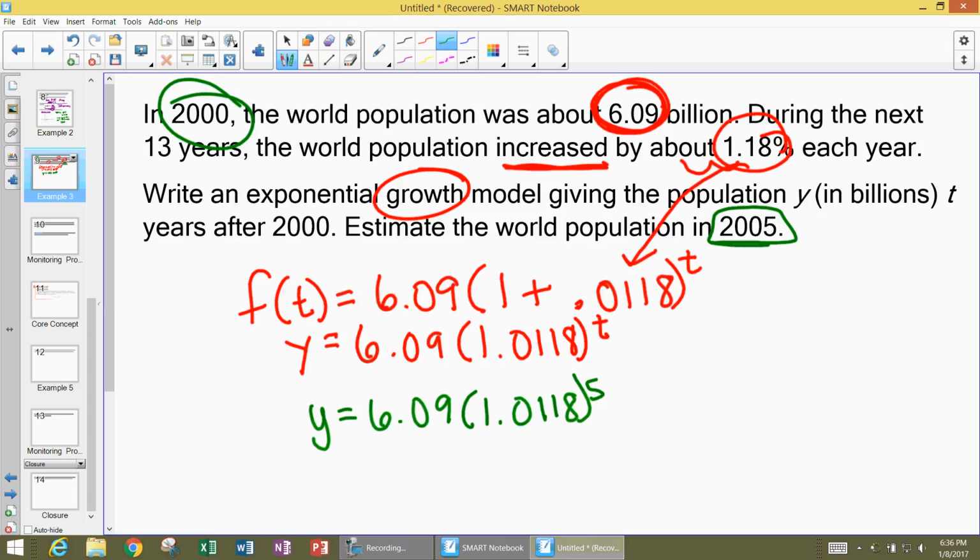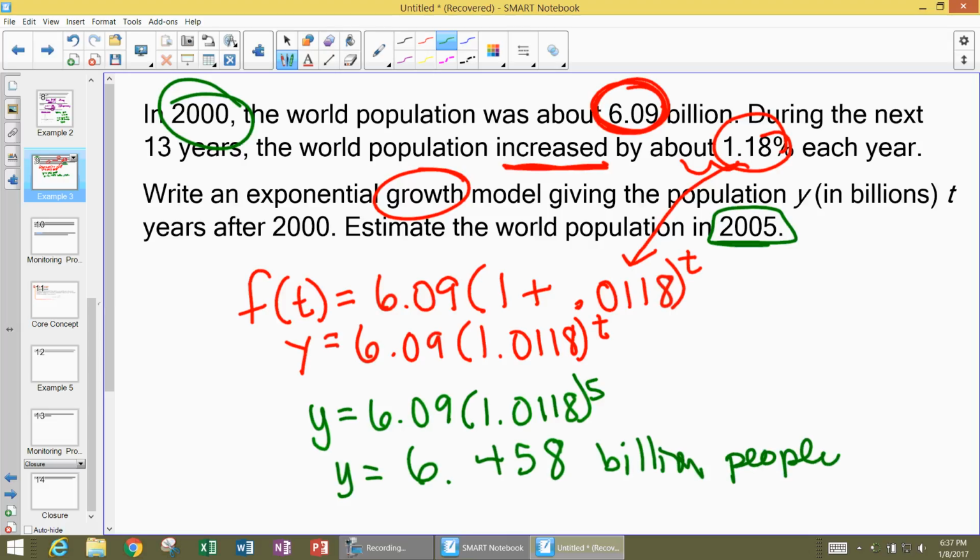I would not use your calculator on your phone because you may have difficulty finding the exponent for it. And so when I plug this into my calculator, I get a world population in 2005 of 6.45, and if we round it, 6.5 billion people. And of course, our numbers are much higher now because this is now the year 2017 instead of 2005.